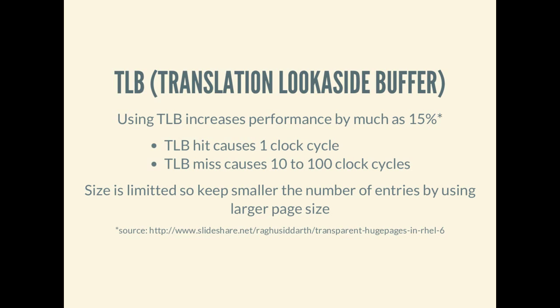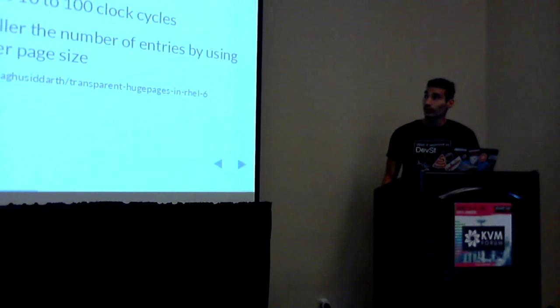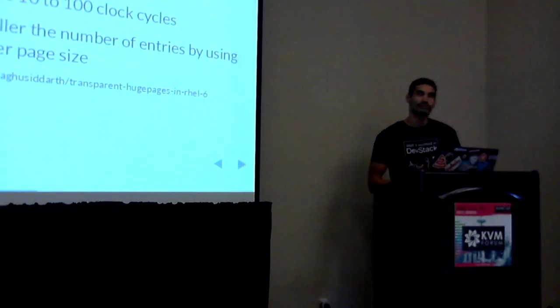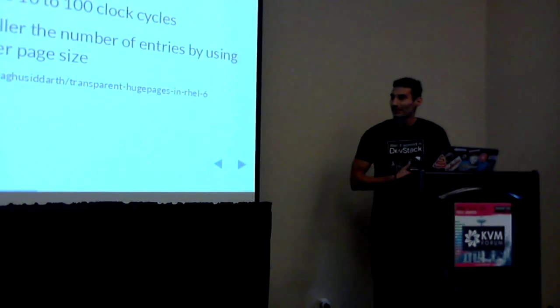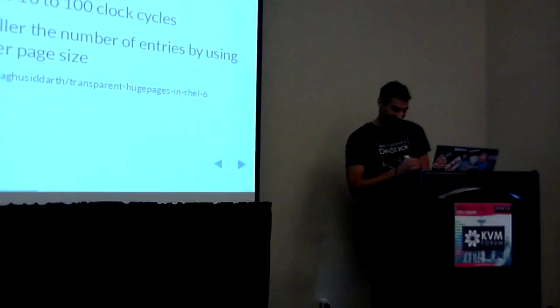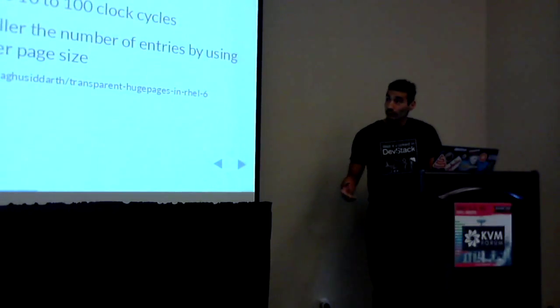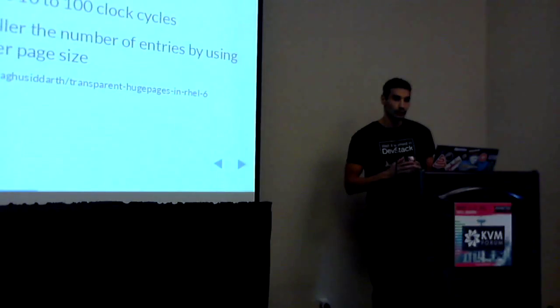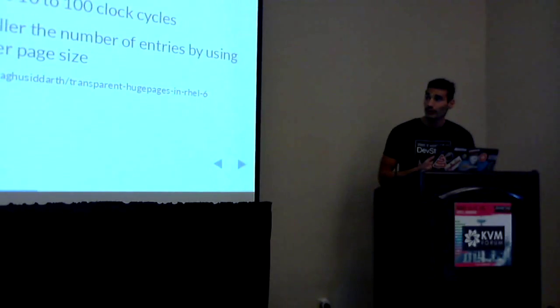So virtual addresses need to be translated to physical. This consumes some CPU time. On average, we talk about 10 to 100 clock cycles. So using the TLB can increase performance by as much as 15%. But the problem is entries in that cache are limited. So with larger pages, fewer virtual to physical address translations have to be stored in that cache.